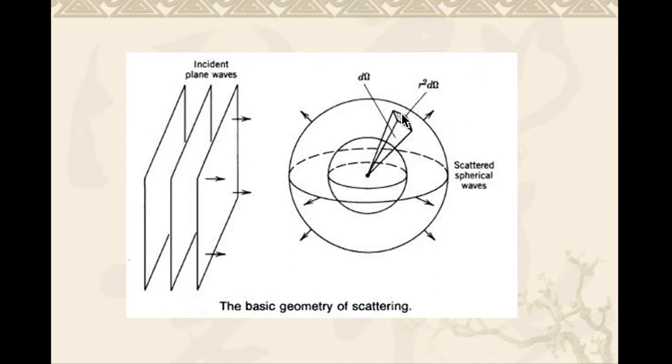So on that sphere you can consider a small area, and it subtends the solid angle d omega. The solid angle equals area by r square, or area equals r square into solid angle. That is why you can consider this as r square d omega.